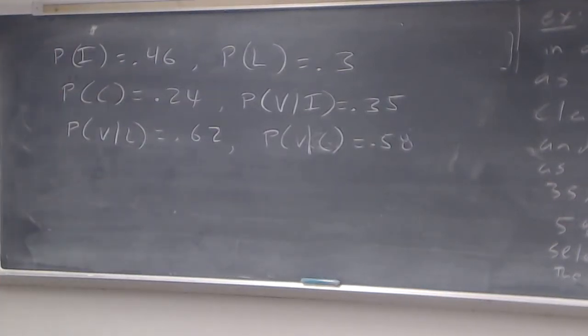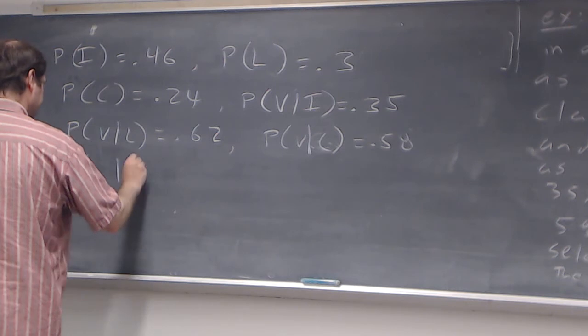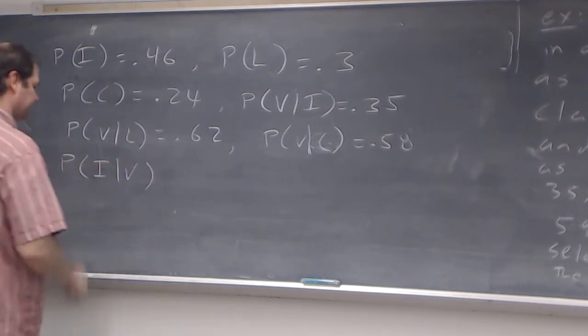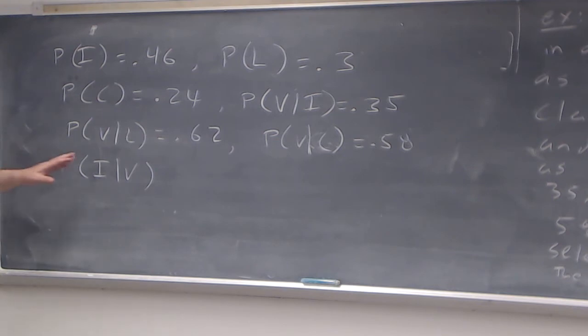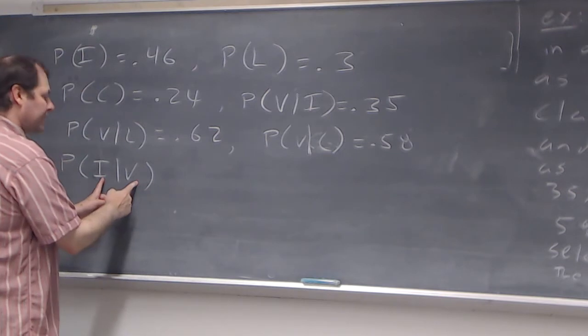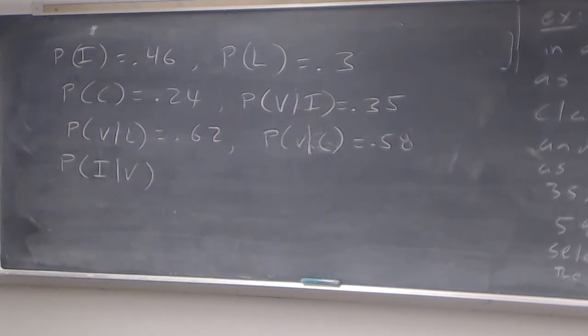And so what the question is asking us is, given that the person voted, what's the chance that they were independent? You see the information that I'm being given in terms of conditional probability has the given and what's being asked for switched.